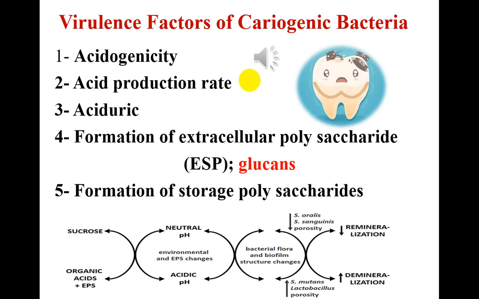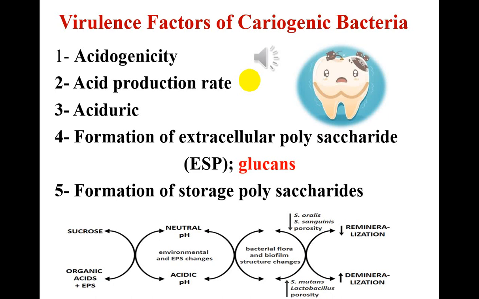An important cariogenic potential of cariogenic bacteria is their ability to produce extracellular polysaccharides. For example, glucans, which are an insoluble type of extracellular polysaccharide. Glucans are very important because they are the key for adherence of bacteria to the tooth surface and build up of microorganisms on teeth.